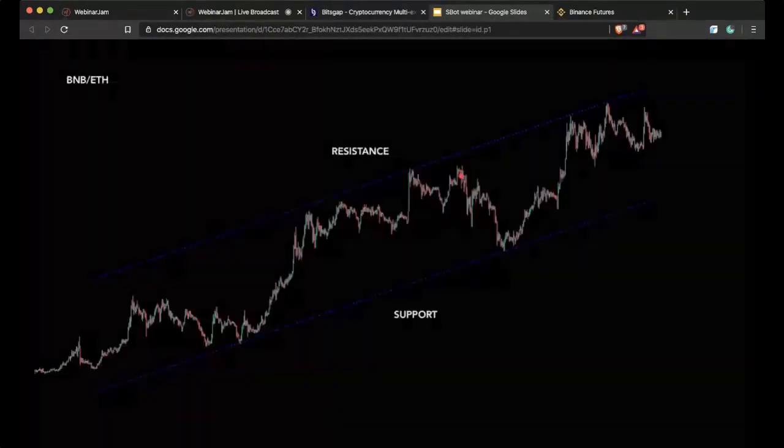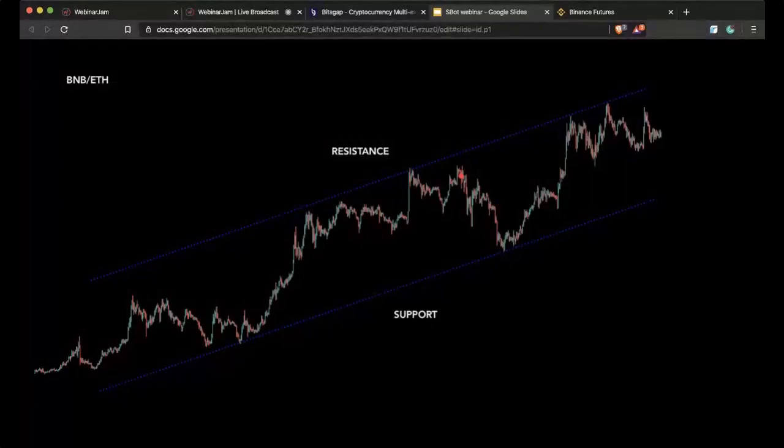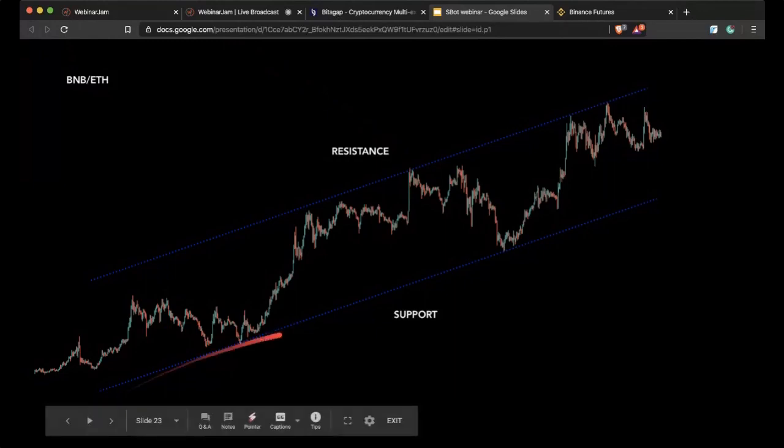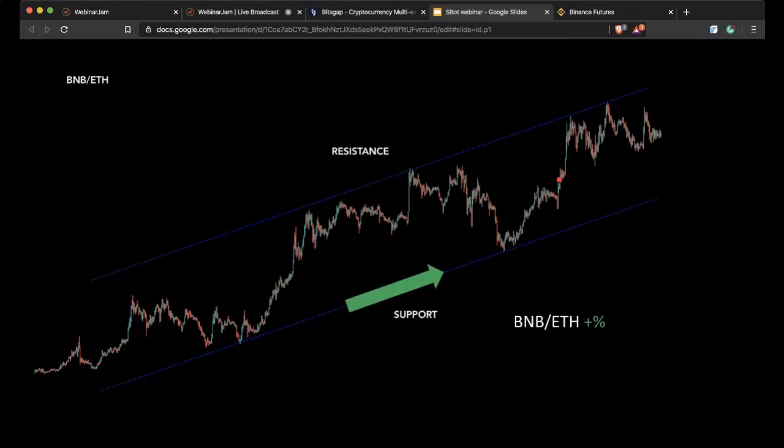On the example, let's say we are on the uptrend, in this case BNB trading to Ethereum. You see the support line and the resistance line, so the price is moving upwards. Just imagine that we are not using the auto trading bot in this case.